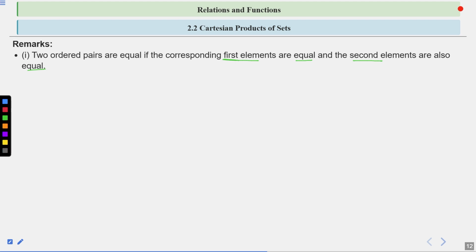Okay. Now, second, if you have p elements in set A and q elements in set B, then the total number of ordered pairs in the Cartesian product A cross B is simply p times q. Clear?